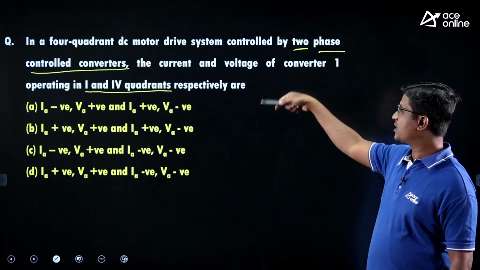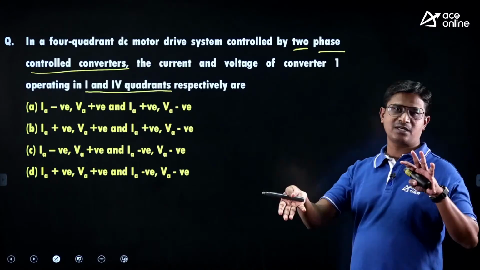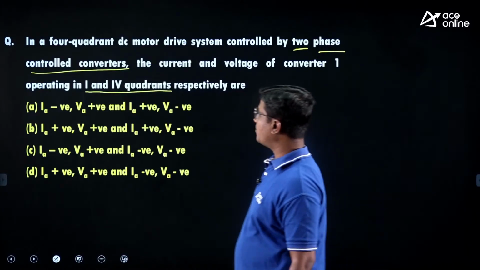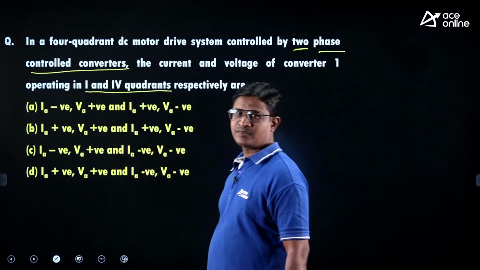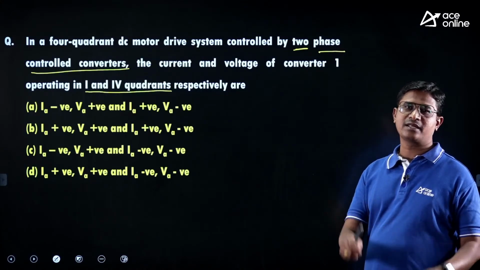So they have given two single phase full converters connected in anti-parallel like a dual converter, and converter 1 is operating in first and 4th quadrant. Then what is the direction of voltage and current he is asking.